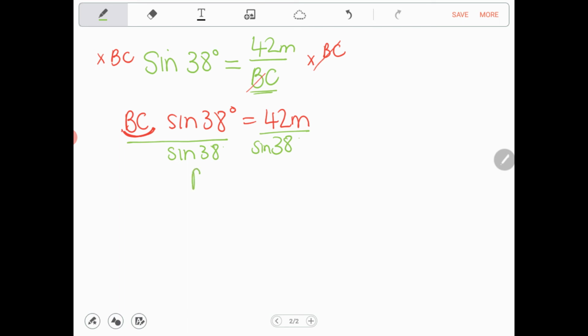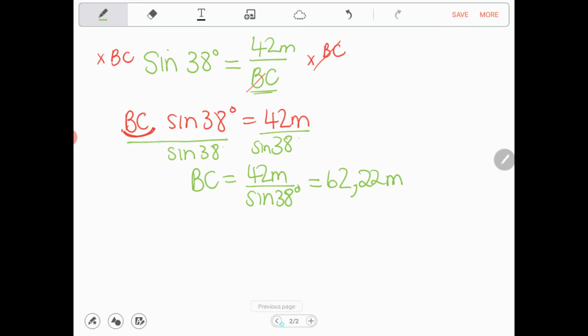My final equation to solve for BC is 42 meters divided by the sine of 38 degrees. And we end up with 62,22 meters.